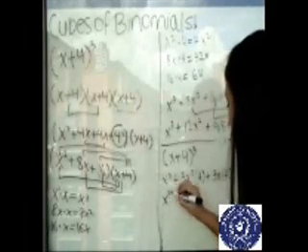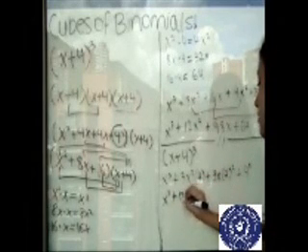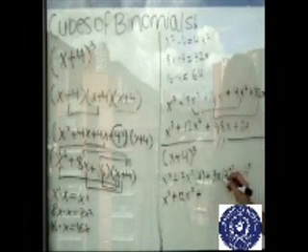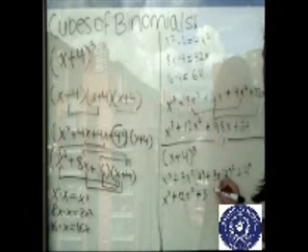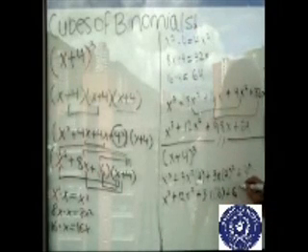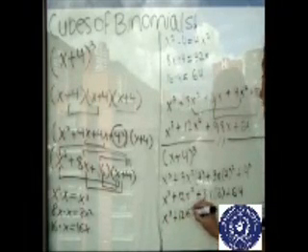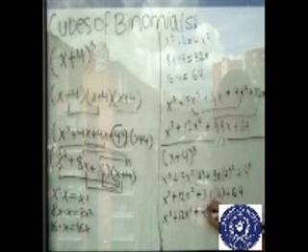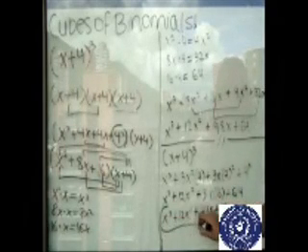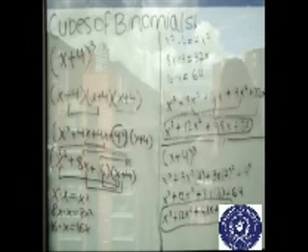X cubed, 3 times 4 equals 12x squared, plus 4 times 4 equals 16, 3 times 16, 3x 16 plus 64. It's a correct equation.